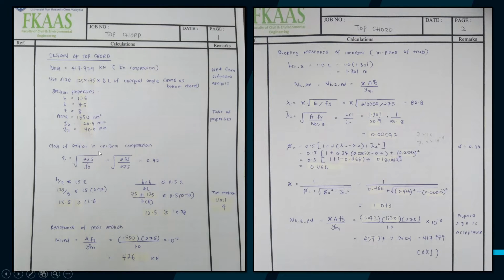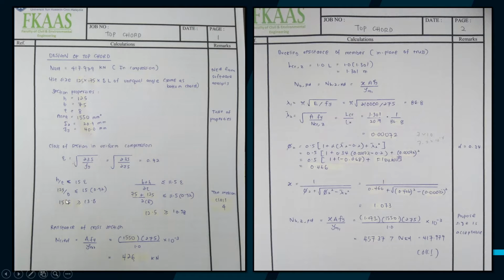So the class of section in uniform compression, epsilon is equal to square root of 235 over Fy. So our Fy is 275, we can get 0.92. For the formula, H over T is less than or equal to 15 epsilon.